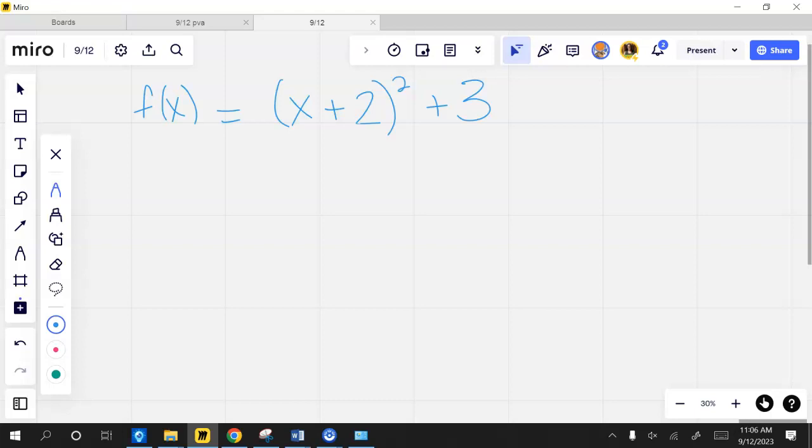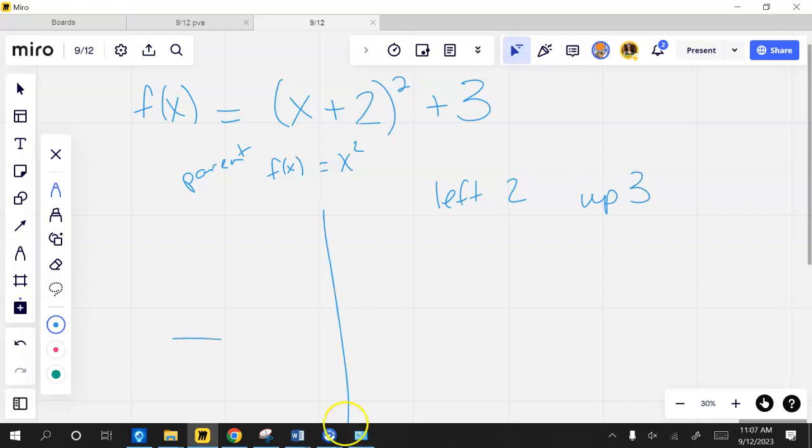What's the parent function here? So, x squared, that's exactly right. What transformations are happening to the parent here? You see?